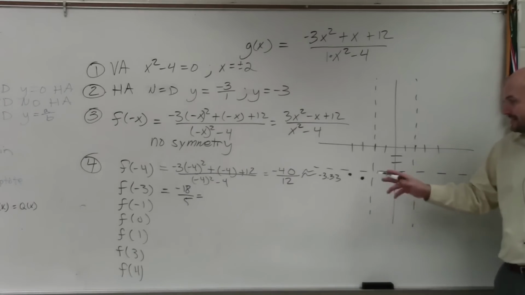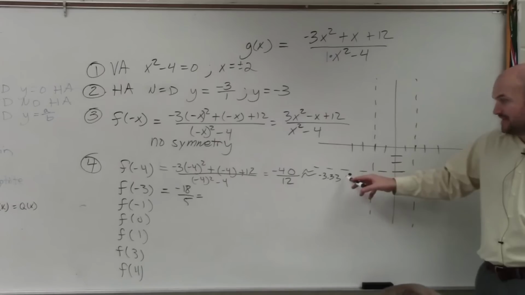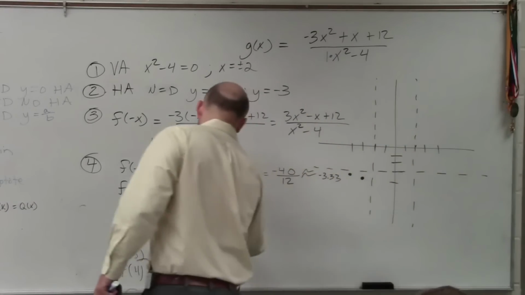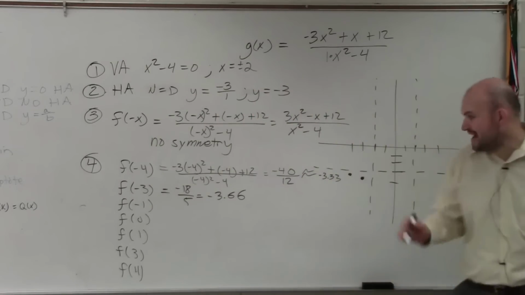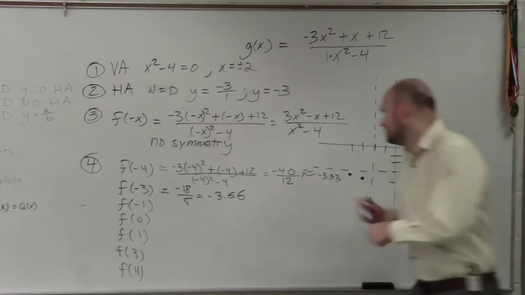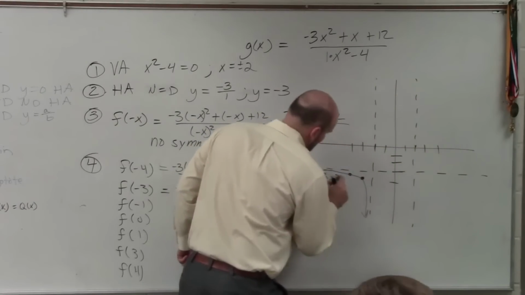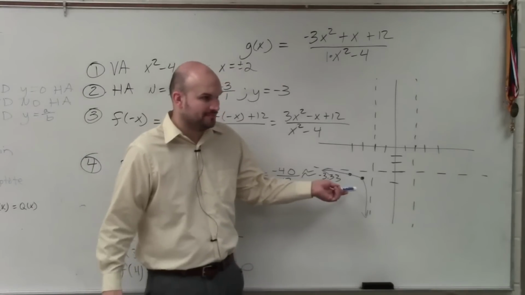If you guys can see, this graph has to go through these 2 points, which is -3.66, and it also has to approach this asymptote and that asymptote. The only way for us to do that is to have a curve like that. Does everybody agree with me?